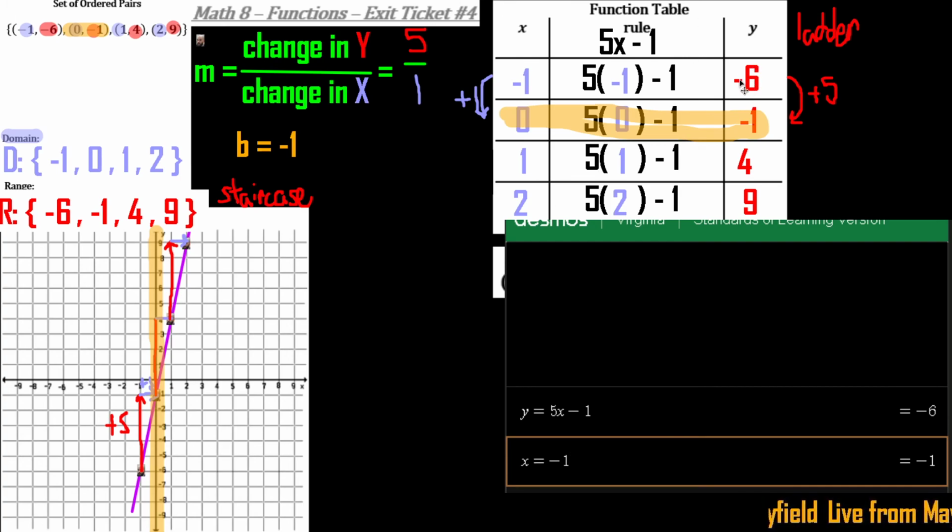So we see that, hey, that checks out. When x equals 0, our y value is -1, which is still true. When x equals +1, our y value is 4. And when x equals 2, our y value is 9. Again, make sure you can check those for yourself. That way you know you're good.